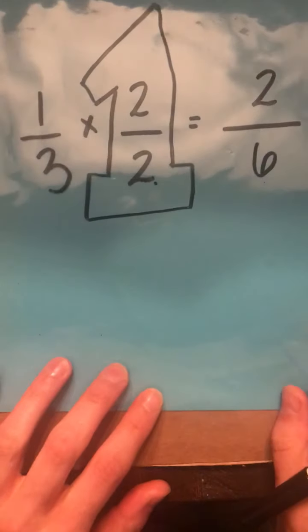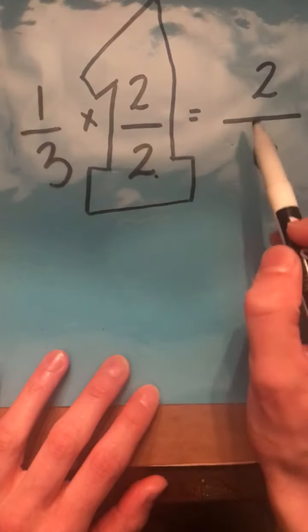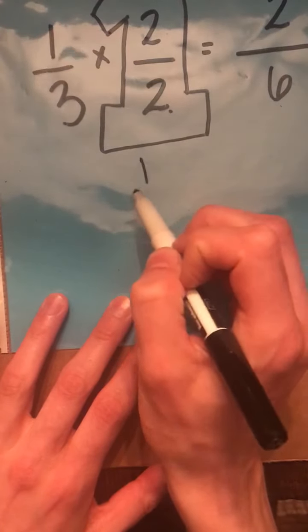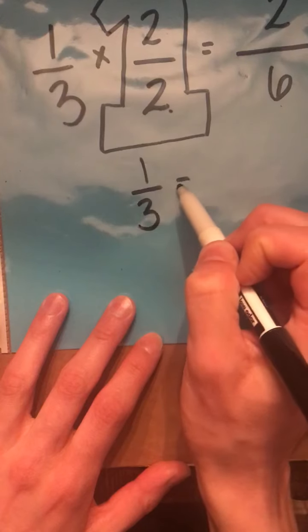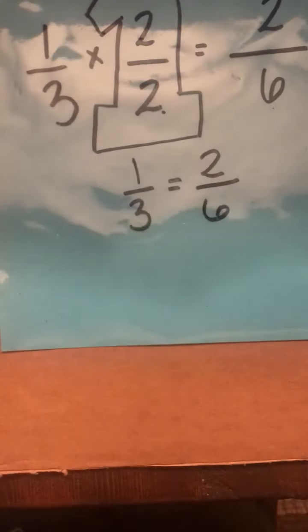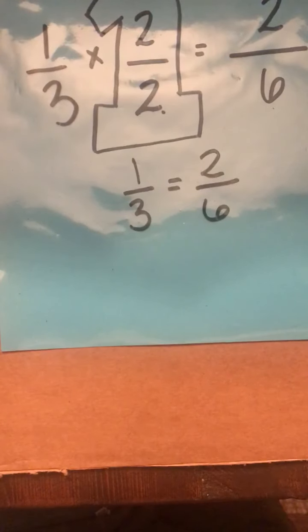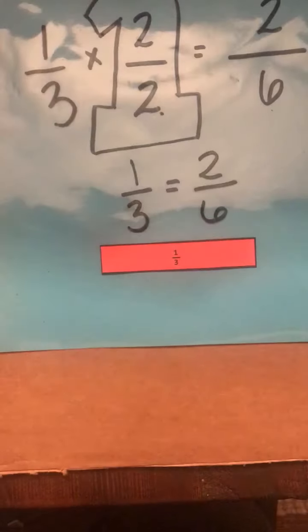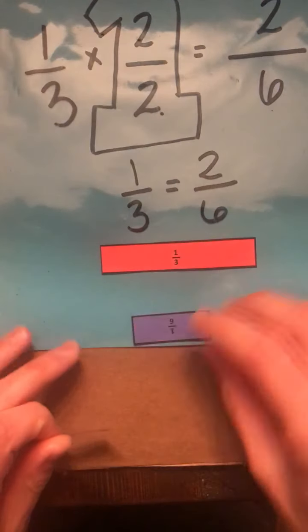So what this is telling us is that 1/3 is equivalent to 2/6. And I'm going to write that down here so it's a little easier to see. So 1/3 is equal or equivalent to 2/6. And I am going to take my fraction strips out, and I'm going to check to make sure that 1/3 is equivalent to 2/6.